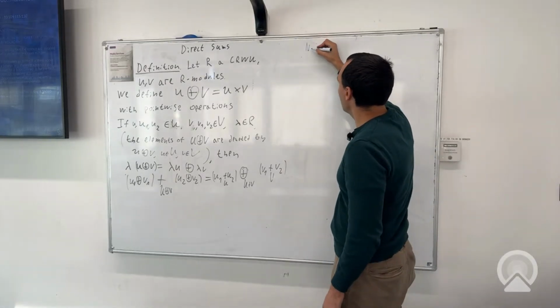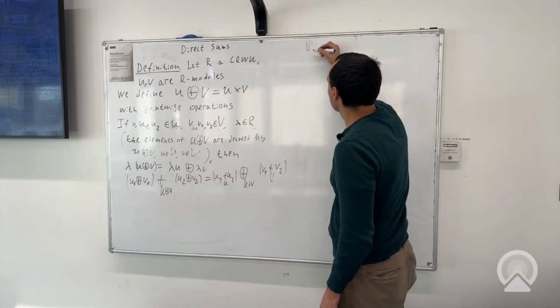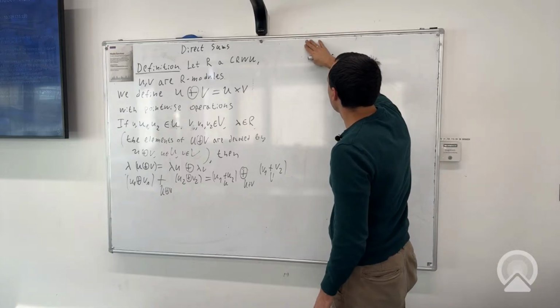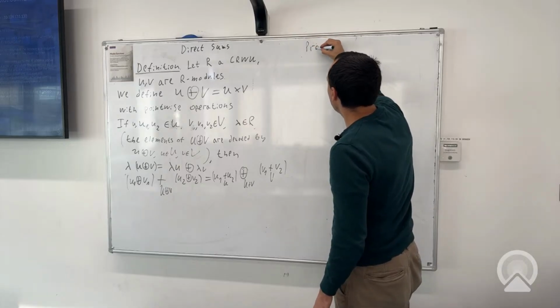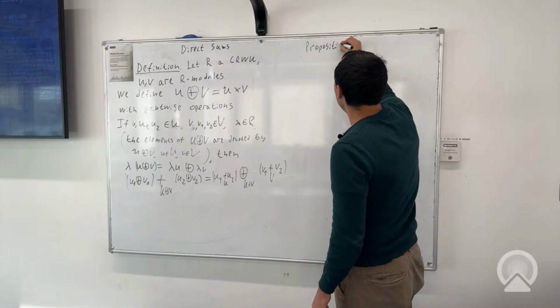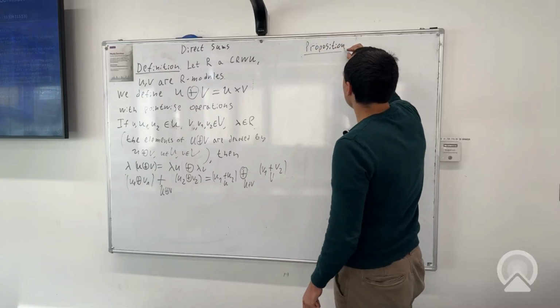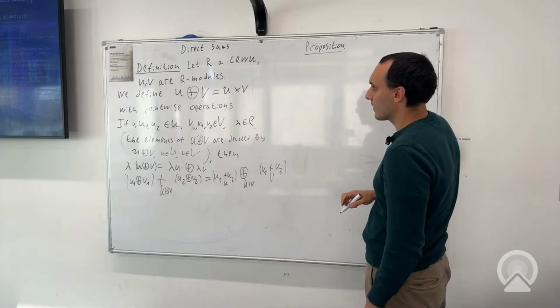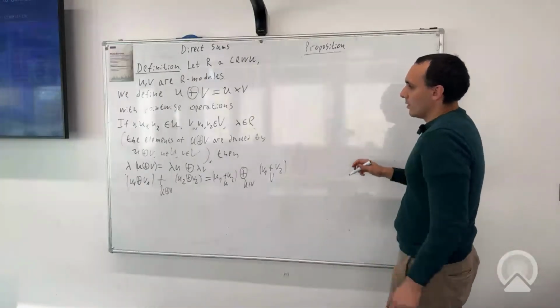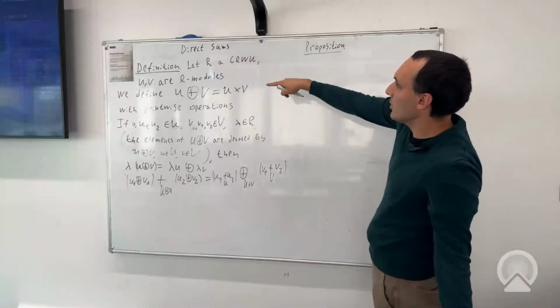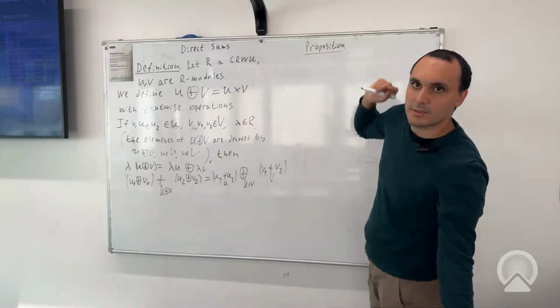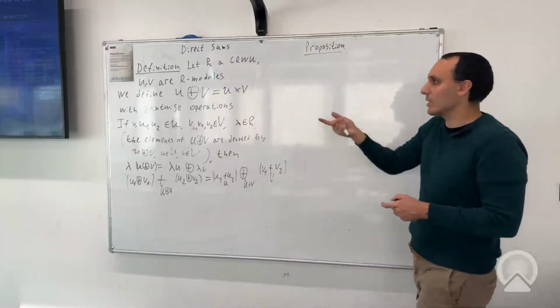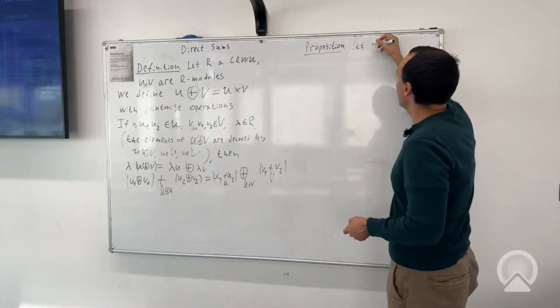Yeah, so let me write this proposition. This is a very simple one. What do you think the dimension of the direct sum of two things is?